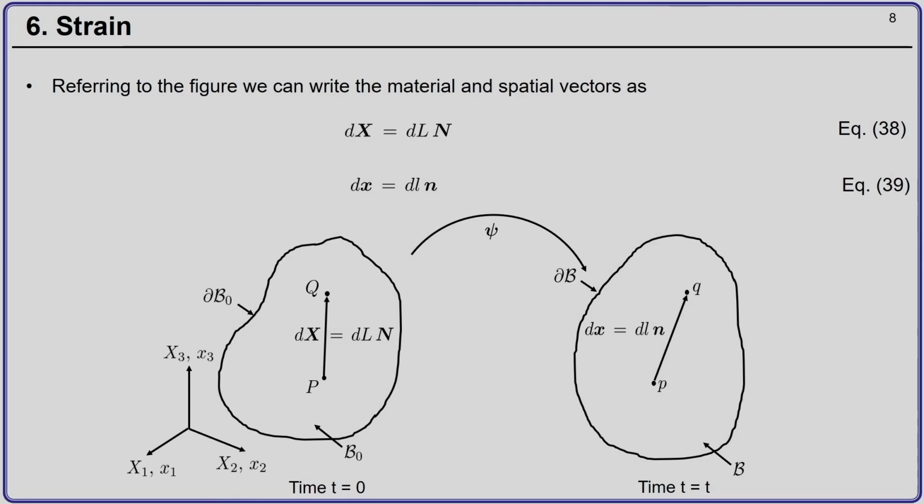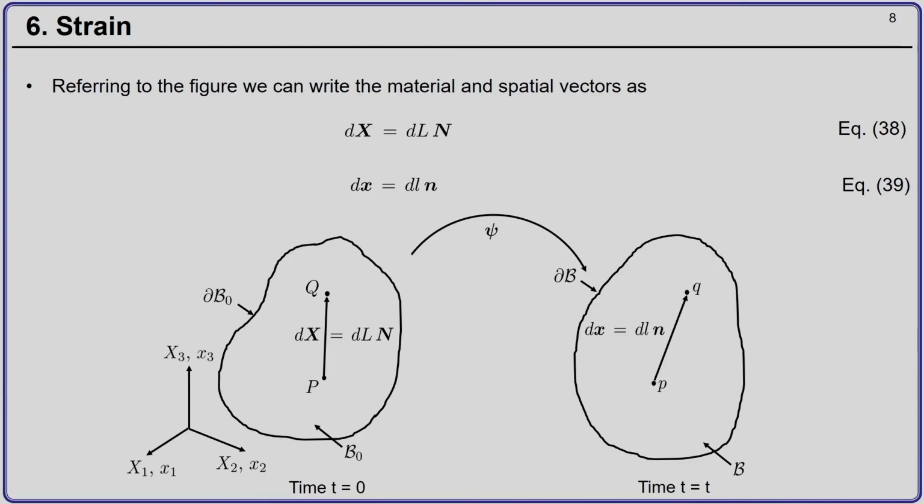Now, let us consider a special case where dx1 is same as dx2, equal to dx. Okay. So, in the figure you see we have considered a material vector dX going from P to Q, and let this material vector be written as dL, which is nothing but the length of the material vector times N. What is N?